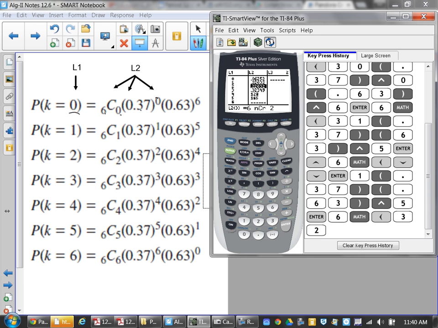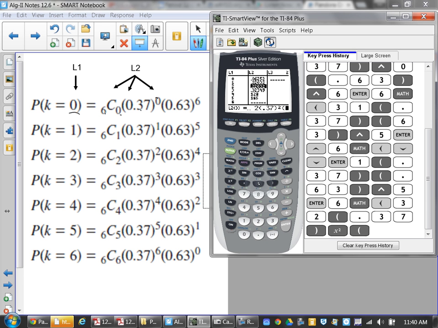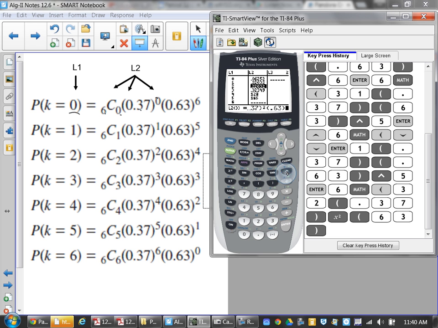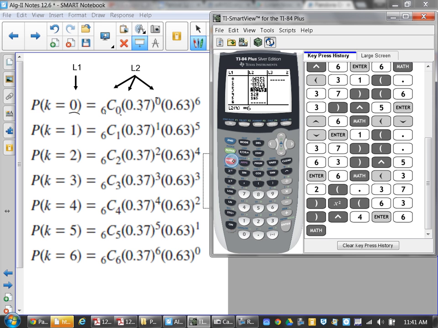What am I on? I was 0.6. Okay, I don't think that's right. Why is it going down now? Well, think about what happens. The probability of nobody doing it would be low, the probability of everybody doing it would be low, but probably in the middle would be normal, wouldn't it?